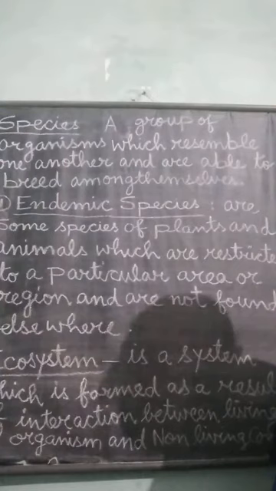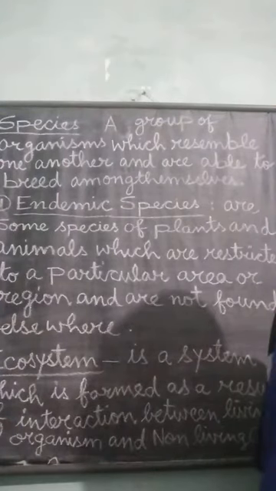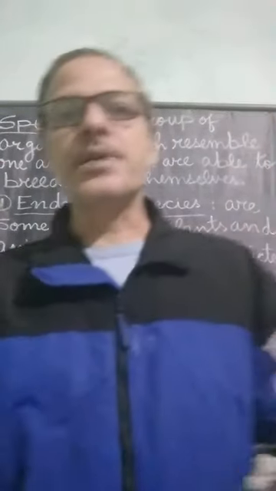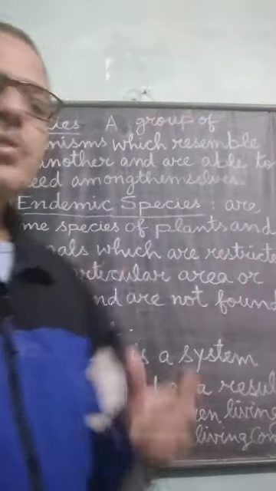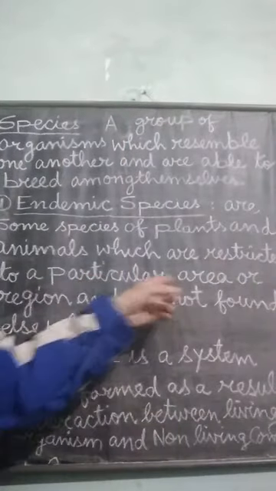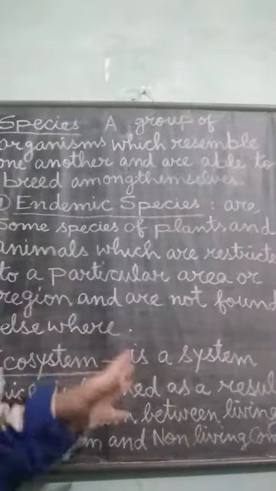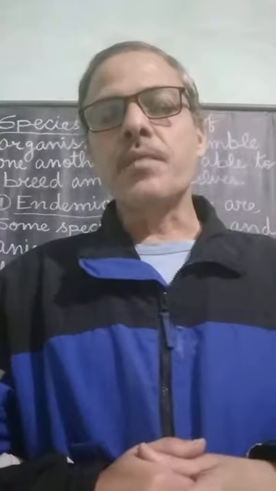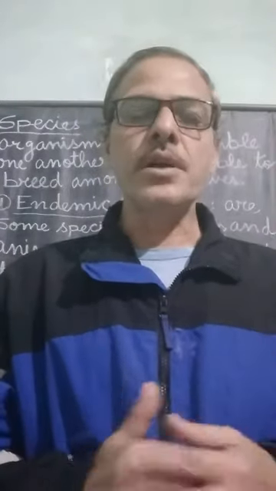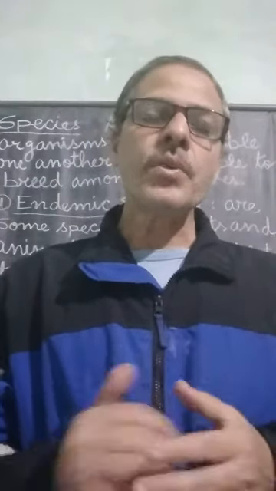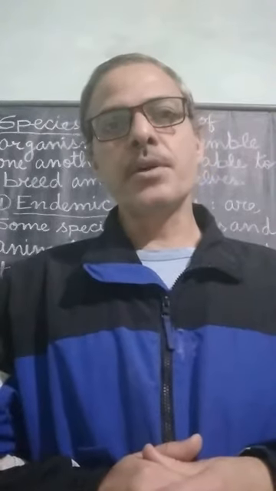And what are endemic species? There are some species of plants and animals which are restricted to a particular area or a region and are not found anywhere else in the entire world. Such species of animals, plants or other living organisms are called endemic species.